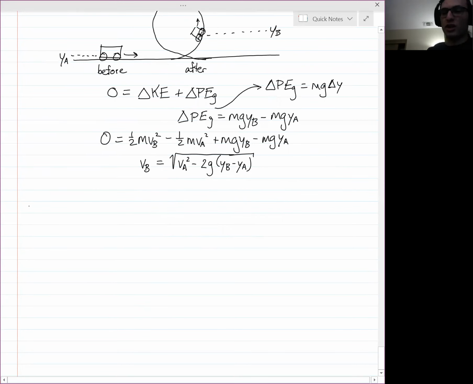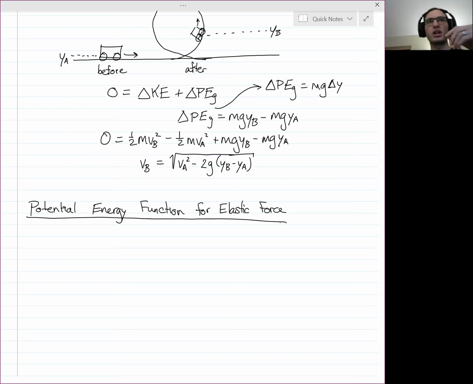So the next thing to talk about, I said I would talk about the potential energy function for the elastic force. So let's do that. This would be the potential energy associated with a mass being attached to a spring, and that mass is stretched.